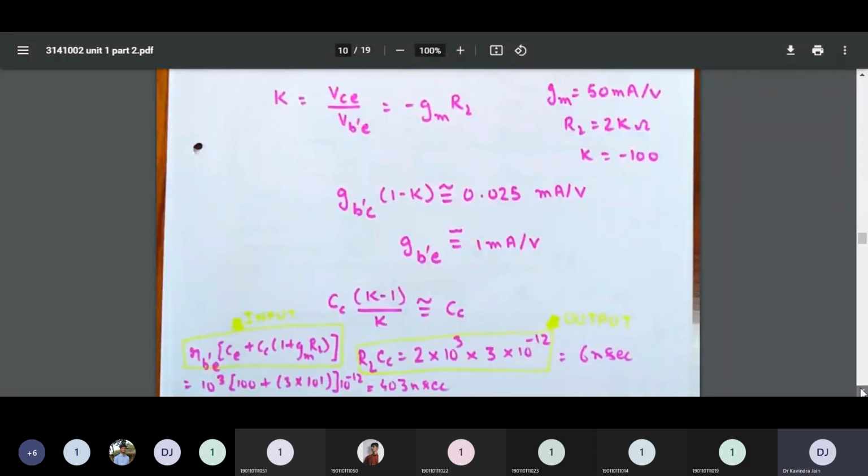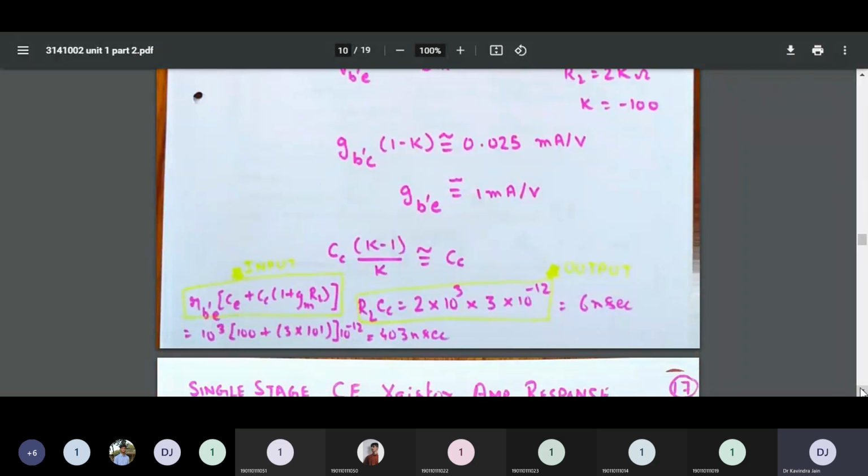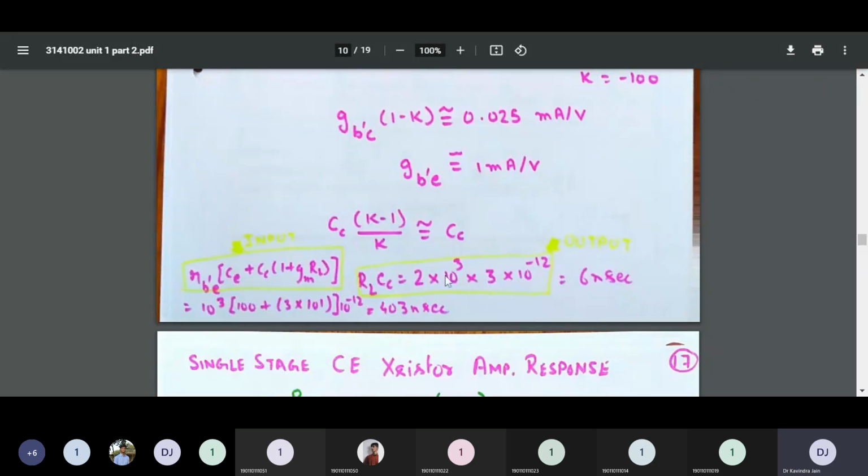That we have studied in this particular formula. That is, this is our input, this is our output, this was the value that we have got. So as compared to input, the output time constant is not so important, and the transistor is operating at highly capacitive load, and this is the only reason that CC comes into the picture. Otherwise, only the input time constant will dominate. That we had done.